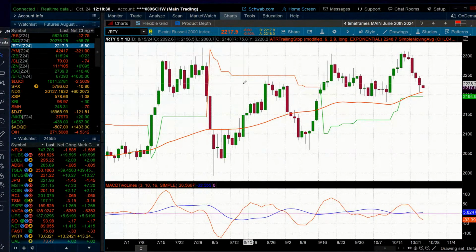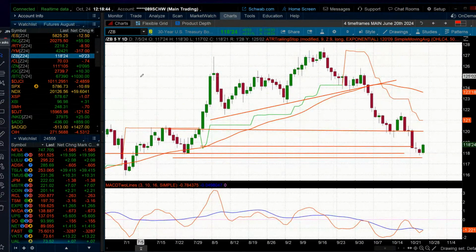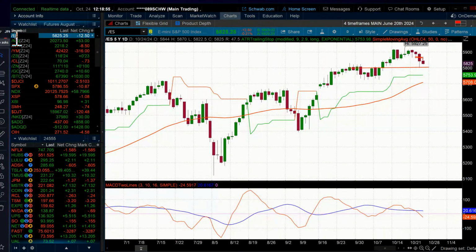Like I said, you could take Thinkorswim, you could take TradingView. I'm not caring about the ATR trailing stop. I use that intraday. So if you have the Russell at the 50 and you have the bonds way under the 50, as you see, why did it stop? These support. But if you have all that down there, why is the NASDAQ above it and the ES above it?